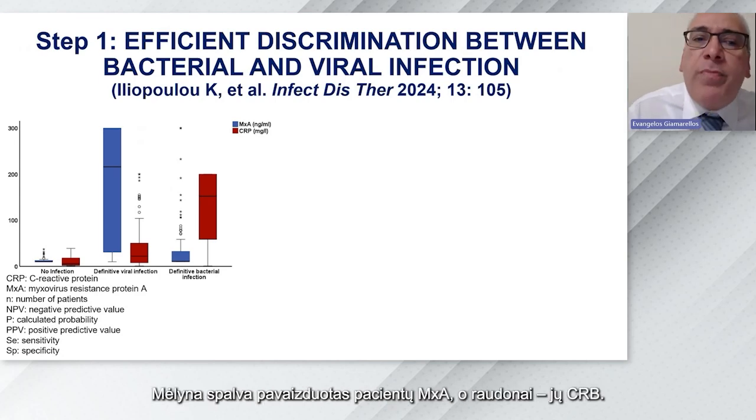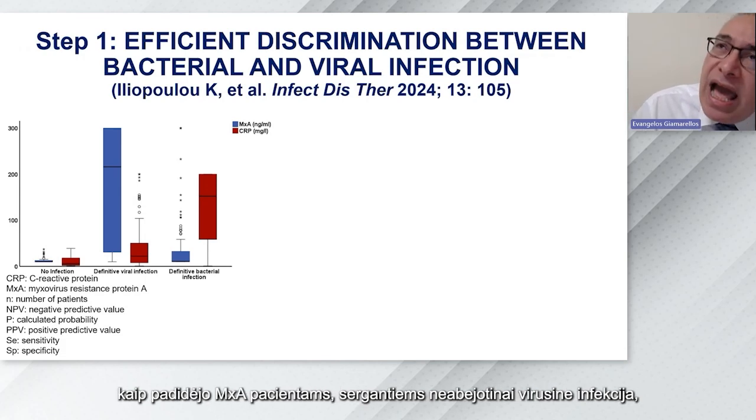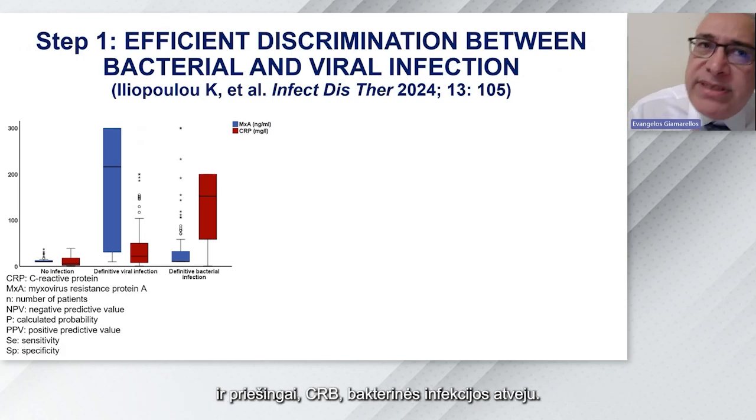In blue are the measurements of MxA in our patients. In red is the measurement of CRP. You see that in controls, both of them are low, but in patients with definitive viral infection, note how increased MxA is, whereas it's exactly the opposite with CRP in case of bacterial infections.